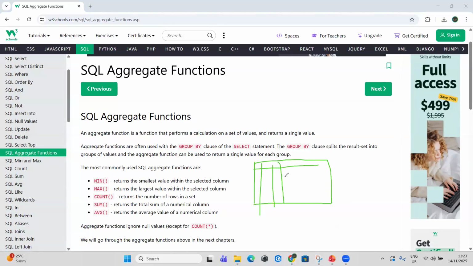Here we have some entries. For example, this is the title, maybe this is customer name, and we have the names here. If I apply count on customer name, it means the number of entries in customer name, right?